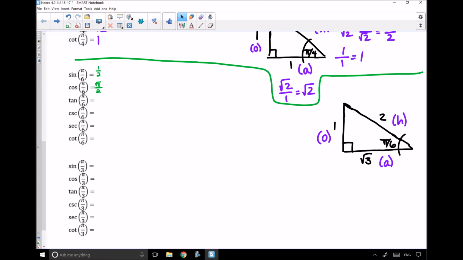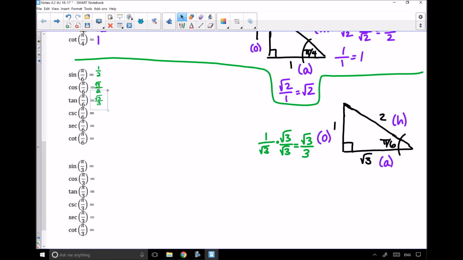The tangent is going to be the opposite over the adjacent. So when I do that, I get 1 over root 3. However, I can't have root 3 in my denominator, so I'm going to multiply by root 3 over root 3. So I get root 3 over, these roots cancel each other out, so I just get 3. So the tangent of pi over 6 is just root 3 over 3. Okay, so that's what I get for my tangent value right here.